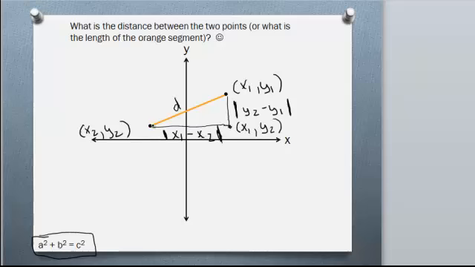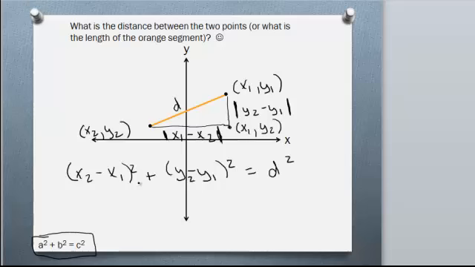Okay, so if we use the Pythagorean theorem, we can say that this side squared plus this side squared is equal to this side squared. So what we're going to have is, I'm going to exchange the 2 and the 1 because it doesn't really matter which order they're in for the distance formula. So x2 minus x1 all squared plus, that's this side squared, now we're going to do this side squared, plus y2 minus y1 all squared equals this side squared, so equals d squared.